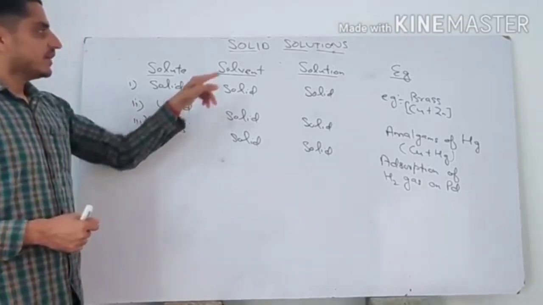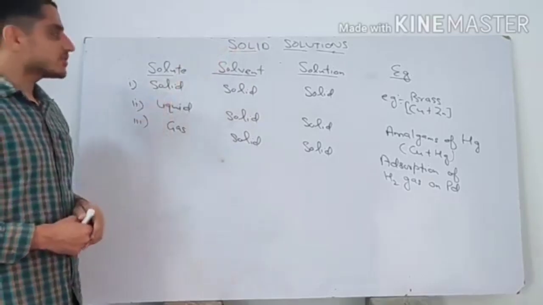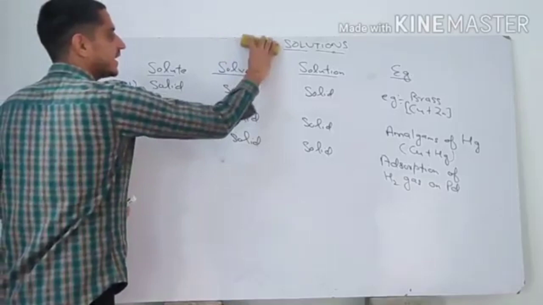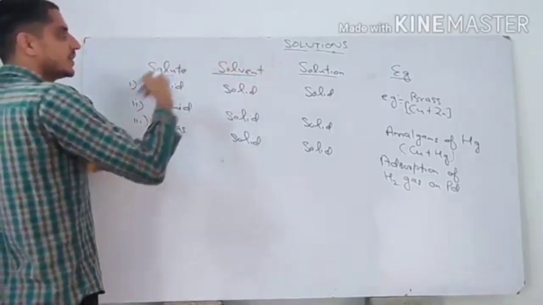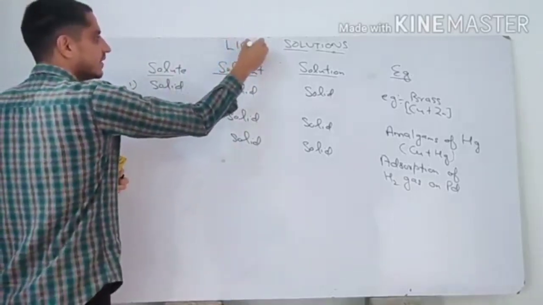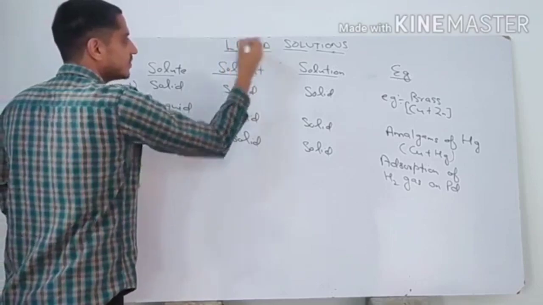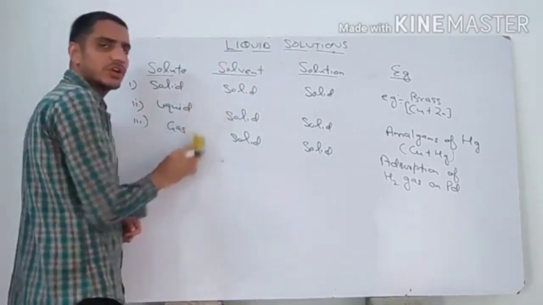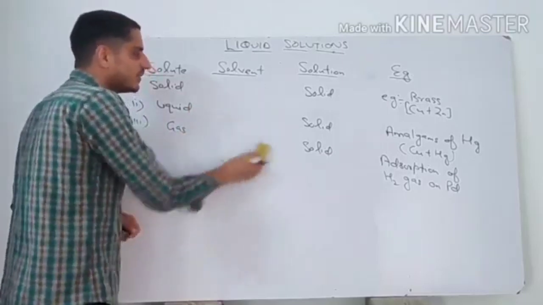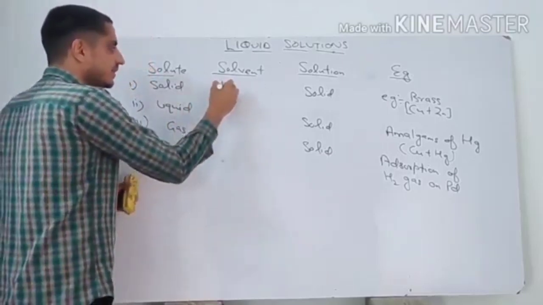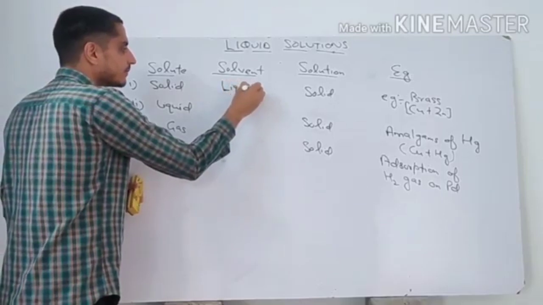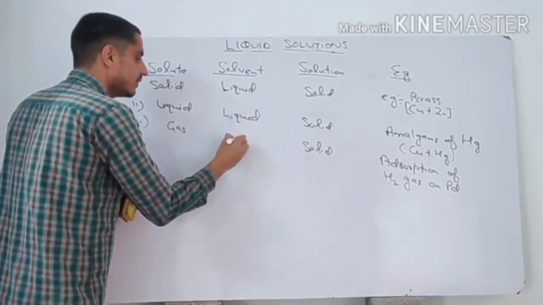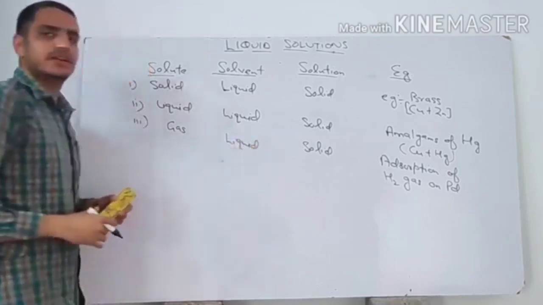So you can guess also that in a liquid solution the solvent will be liquid only. Now the second type of solutions are liquid solutions. In the liquid solutions the solvent will always be liquid.